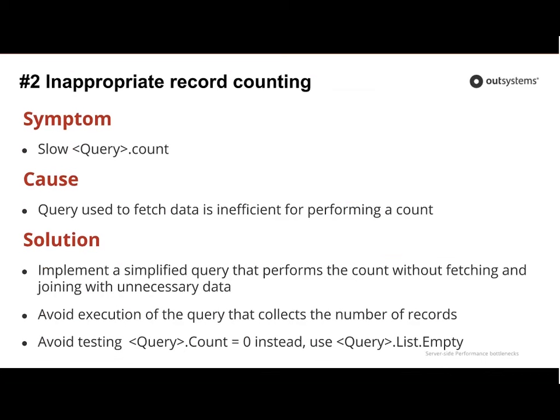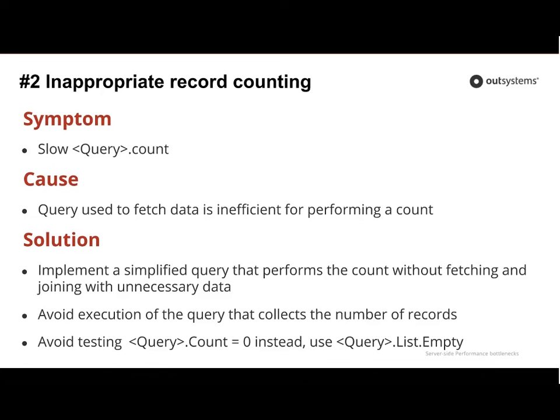What is going to happen through the OutSystems platform is that we are going to actually generate a second query to the database with the same SQL statement with a little twist that is adding a count.